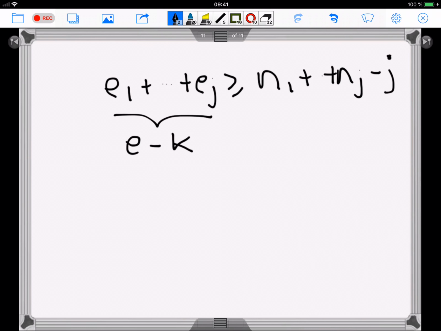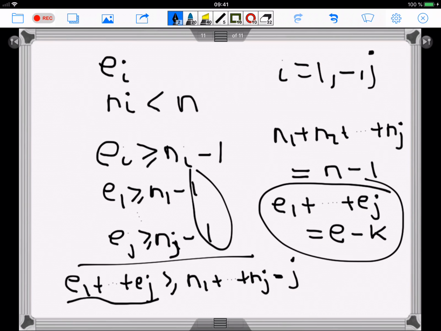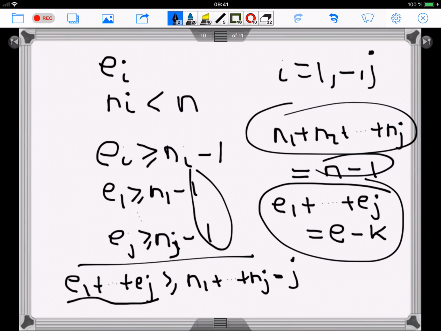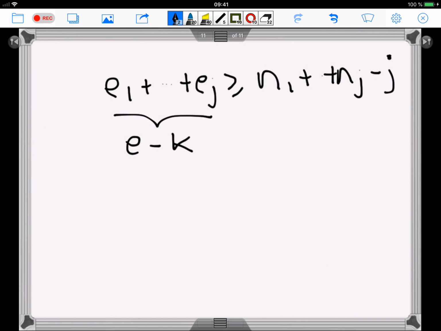And we also knew that this other sum is n minus 1. So this is n minus 1 minus j. Okay, and we also know that j is at most k. The number of connected components is at most the number of edges that I have removed.